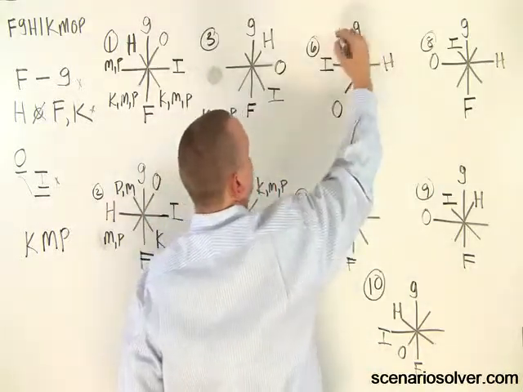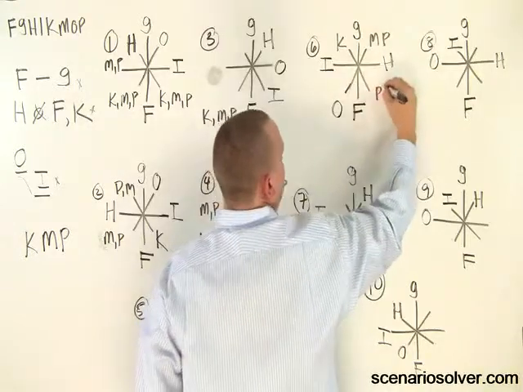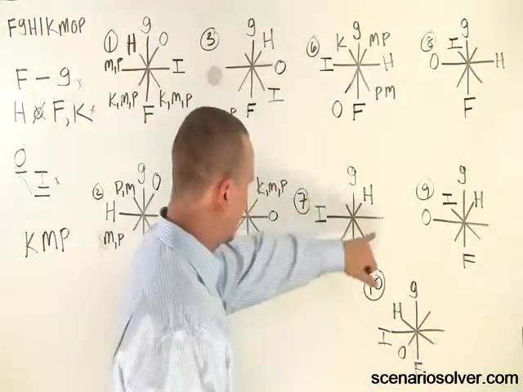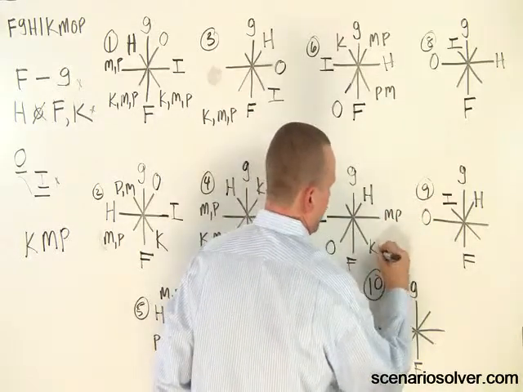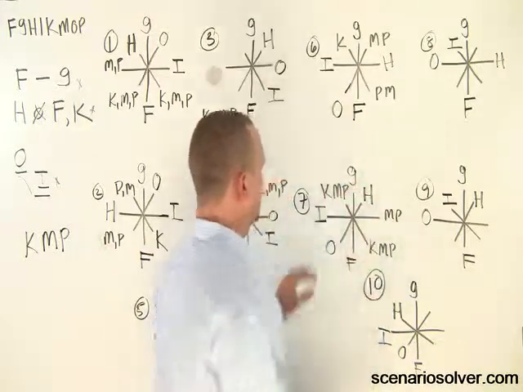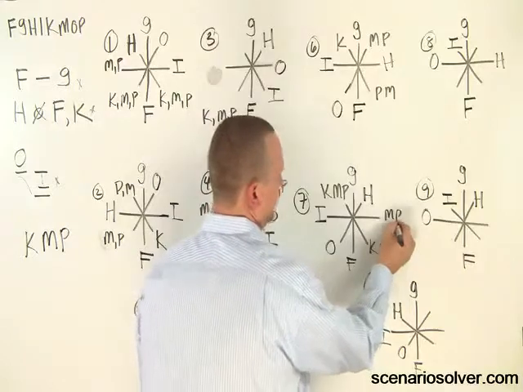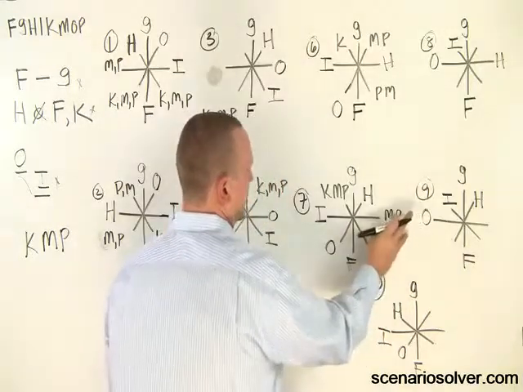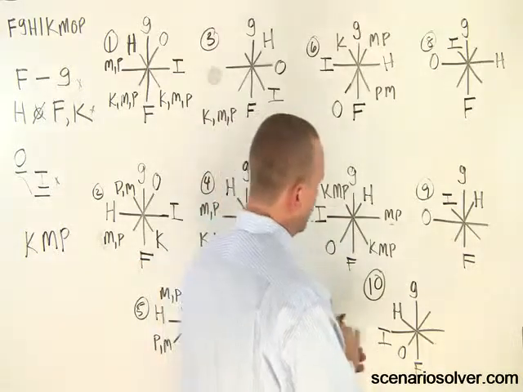K cannot go here, so I have a K here, and I have an M, P, or a P, M. This one, K cannot go here, so I have an M, P, and then I have a K, M, P option to go here. And what I'll do is when I'm asked a question, if it said, for example, P goes here, I'll underline it and then give myself a note as to what else can happen.